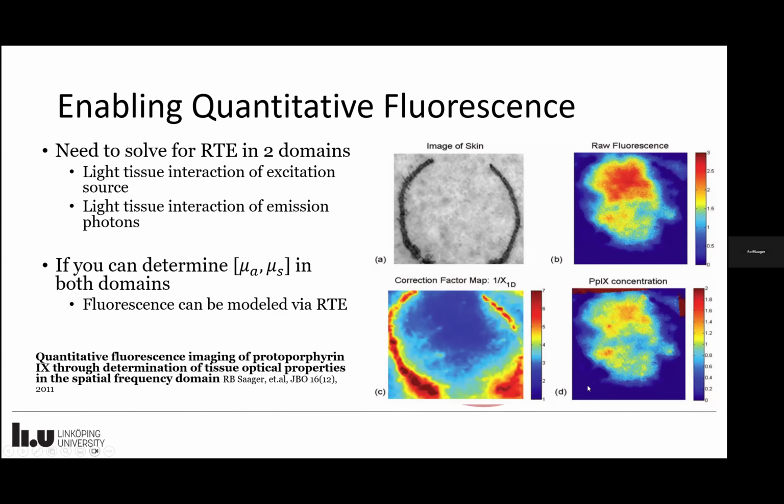And so now the contrast isn't just some relative scale of signal strength, but you would actually have quantitative values for drug concentration in skin. You would have exactly how much protoporphyrin 9 was in the skin at these different locations.